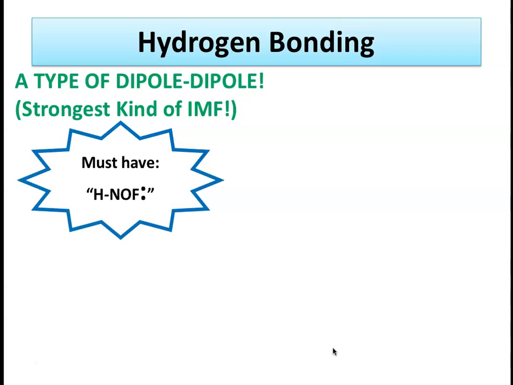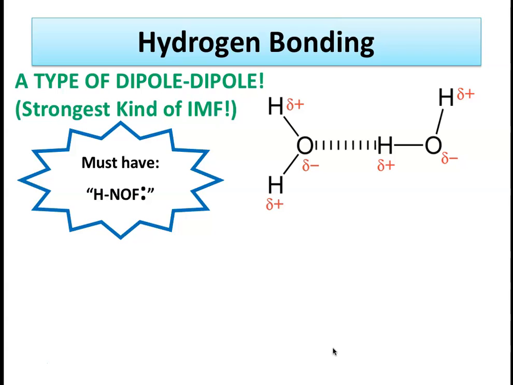First one, hydrogen bonding can only exist if there is a hydrogen that is bonded to nitrogen, oxygen, or fluorine. If hydrogen is bonded to some other element other than nitrogen, oxygen, fluorine, it cannot be hydrogen bonding. So it's very specific. So we look at two water molecules.